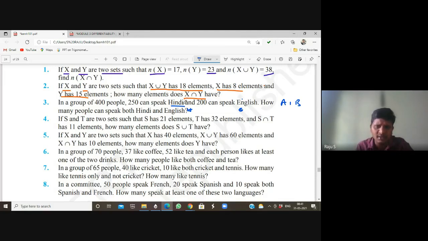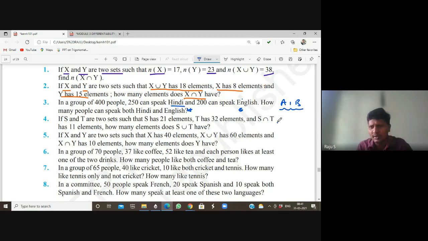If you want to take the set of students or group of people who can speak Hindi as capital H and the second set as capital E, that's up to you, right? Okay, here I'm taking A comma B. A is the set of group of people who can speak Hindi.